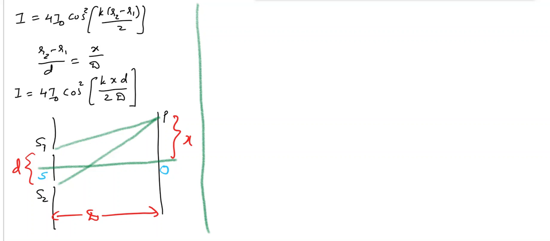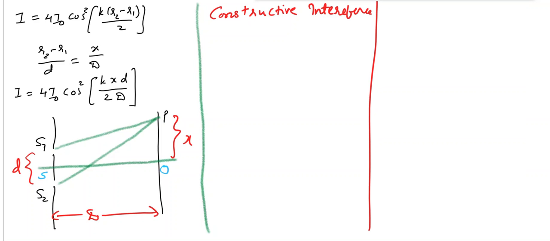So again, for constructive interference, the cos term has to be 1. Constructive interference means bright fringe, so intensity I has to be equal to 4I0, and for that the cos term, cos k x d by 2D, has to be plus or minus 1.